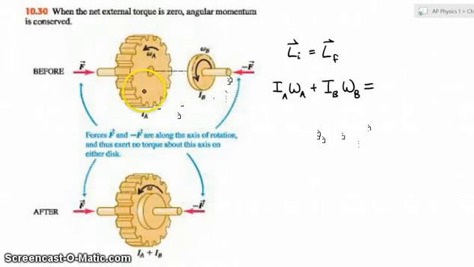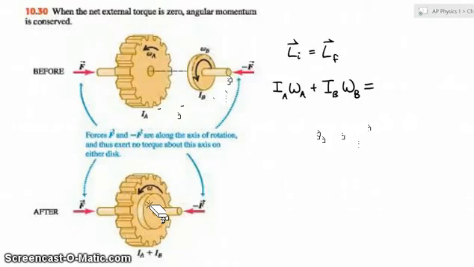If they're rotating at different angular velocities, they're going to be sliding past each other, and an equal and opposite force acting on each of them from friction is going to bring them down to a point where they rotate at the same rate as each other.